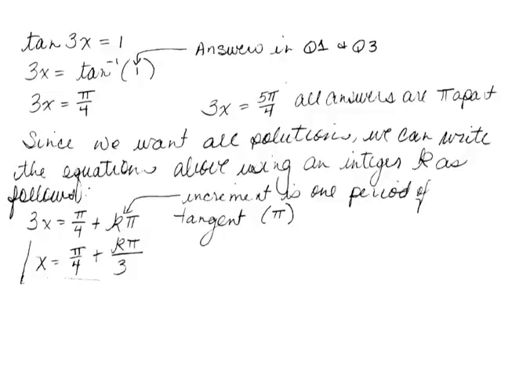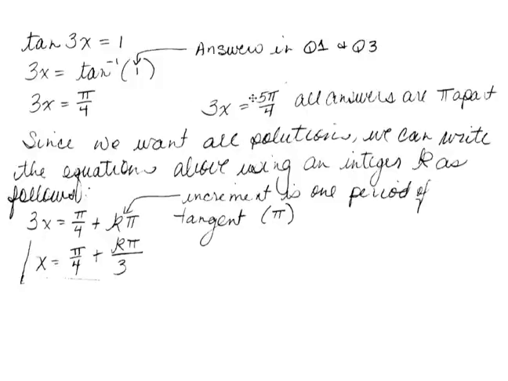Now, if I'm instead looking for all solutions, it's actually easier when you have one of these triple angles to do all solutions. So looking back, I had tangent of 3x equals 1. I recognized that my reference angle was going to be pi over 4.